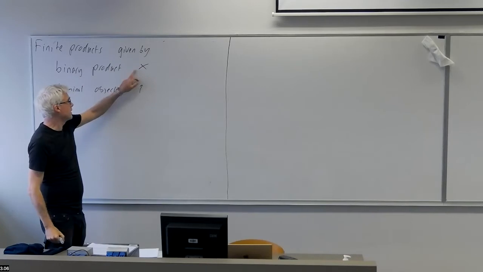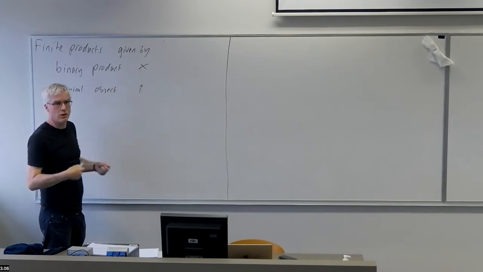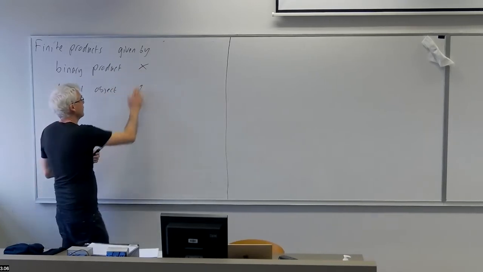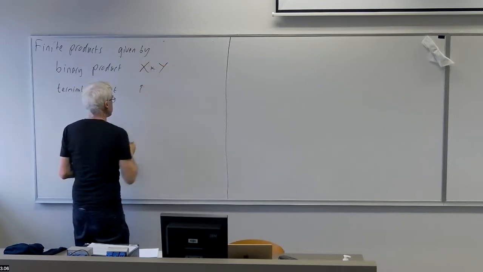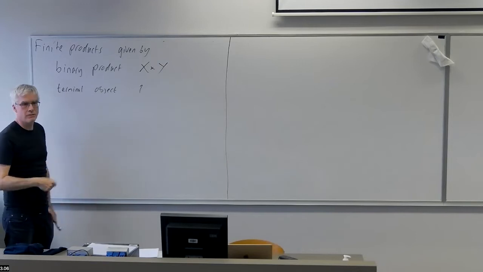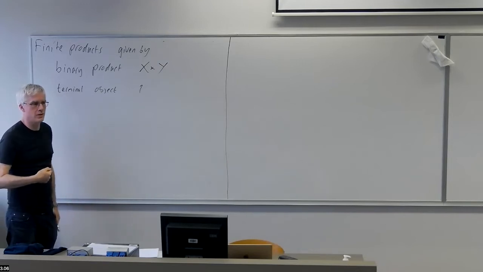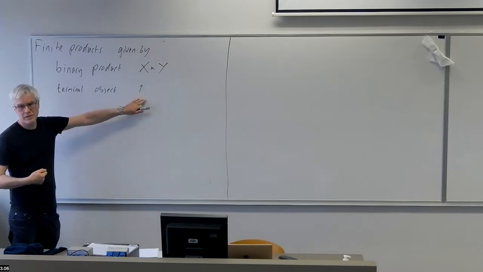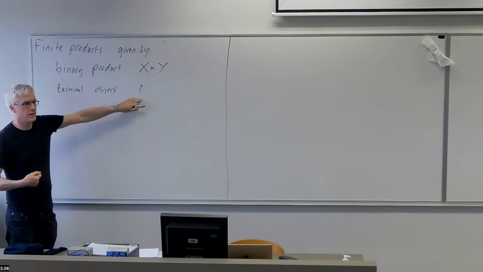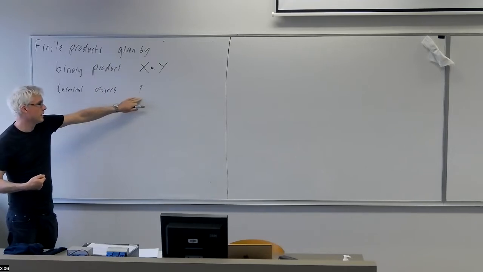And the point is that the operation of taking objects x and y and forming the object x times y, we can think of as a kind of multiplication operation on a category. And the one is the unit, the identity of this multiplication operation, the terminal object.